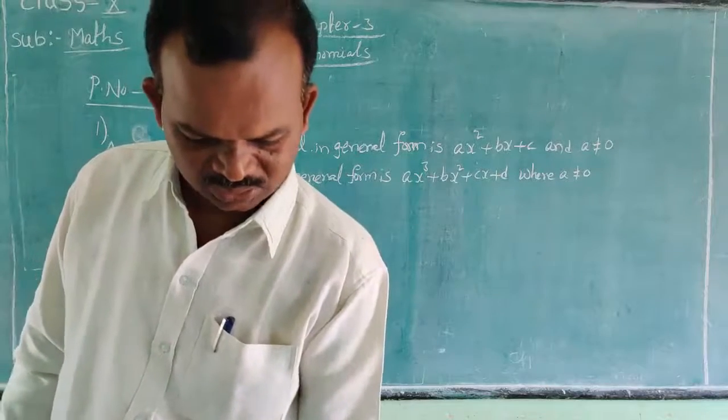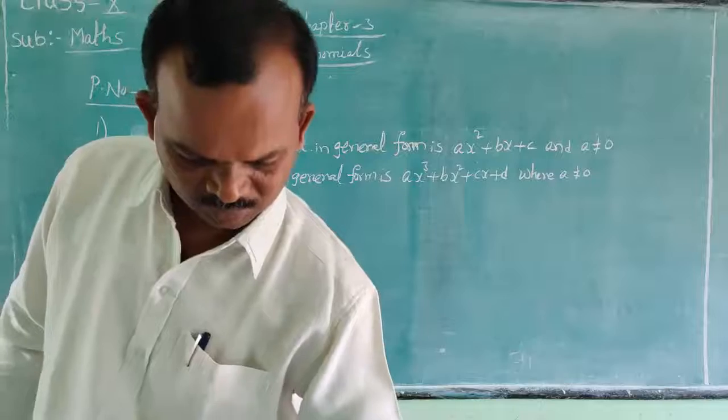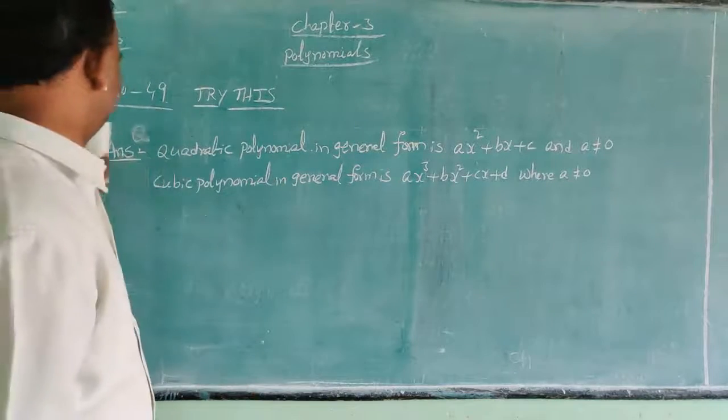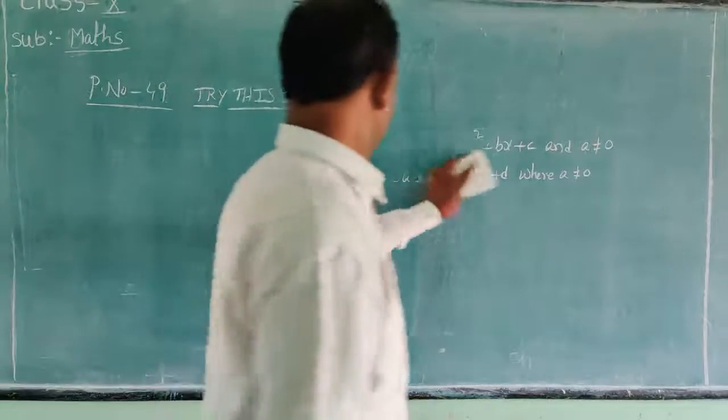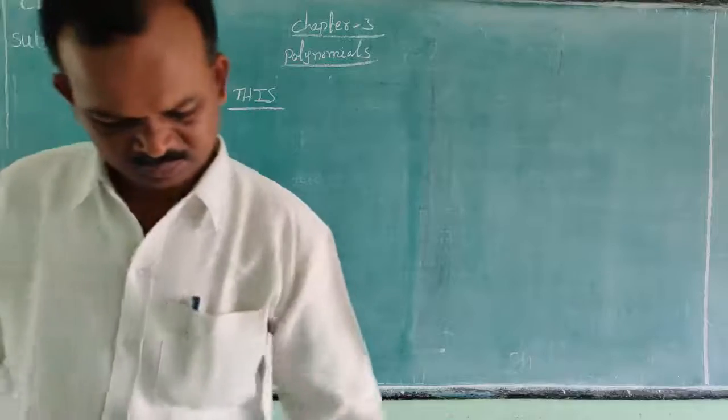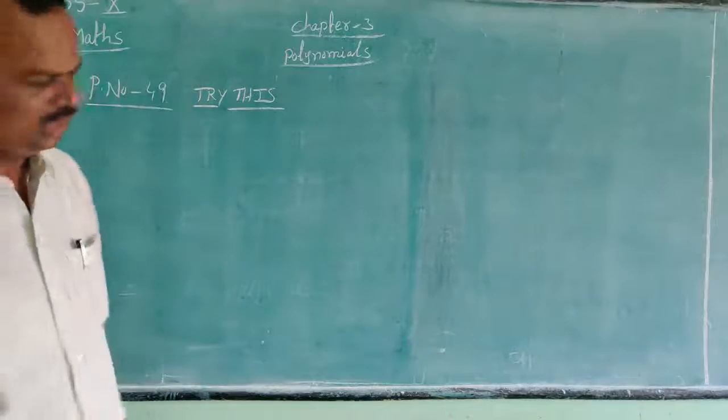Next, second: write the general polynomial q of z of degree n.